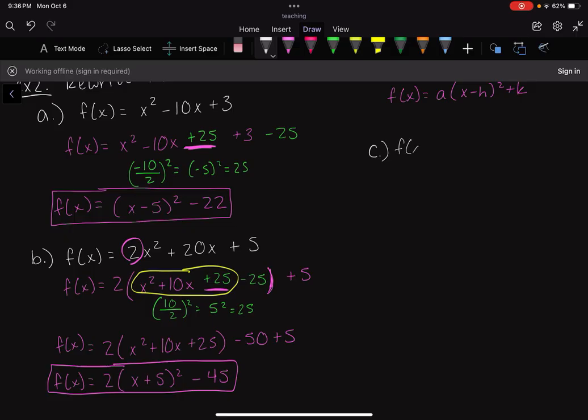This one says f of x equals negative 2x squared minus 4x plus 3. Now again, I have an a value, which means I need to factor it out to the front.